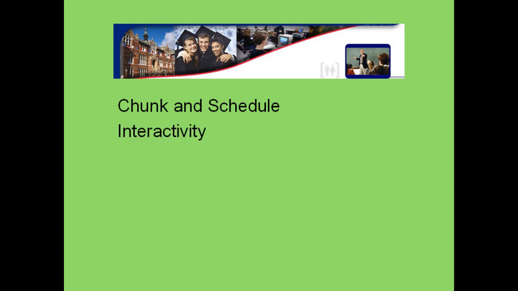Chunk and schedule. These 2 points are separate but related. They both involve time. Chunking is the process of breaking your content into the kind of small, digestible chunks typical of the current internet.